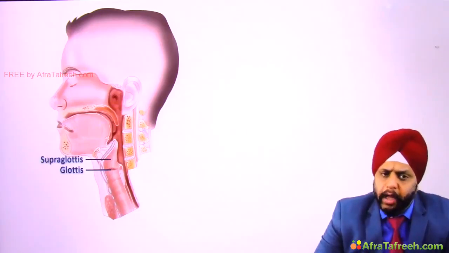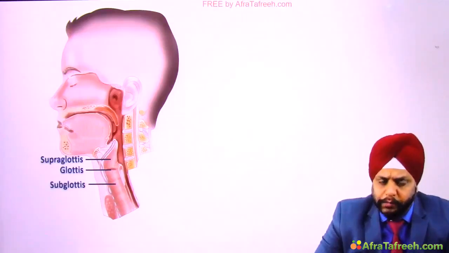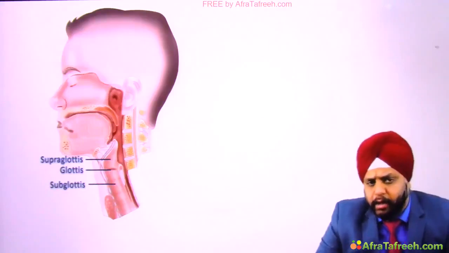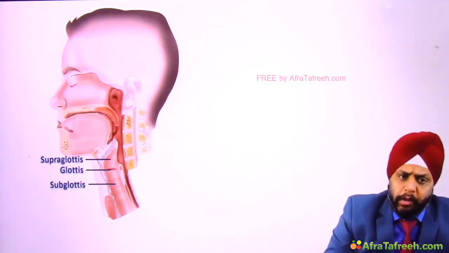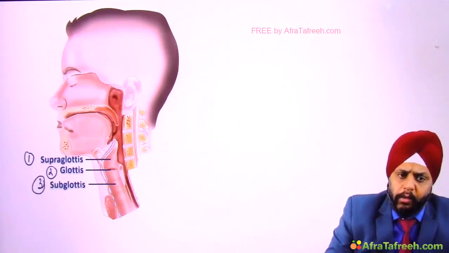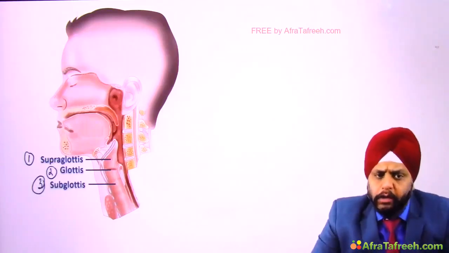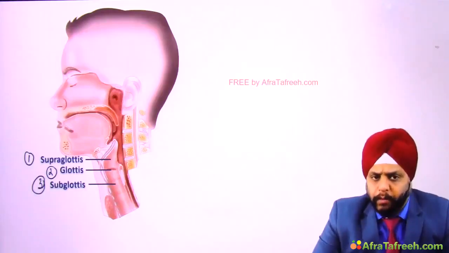The part of the larynx below the glottis is known as subglottis. So anatomically, the internal structure of the larynx can be divided into three parts: supraglottis, glottis, and subglottis. We are going to study each of these parts separately.